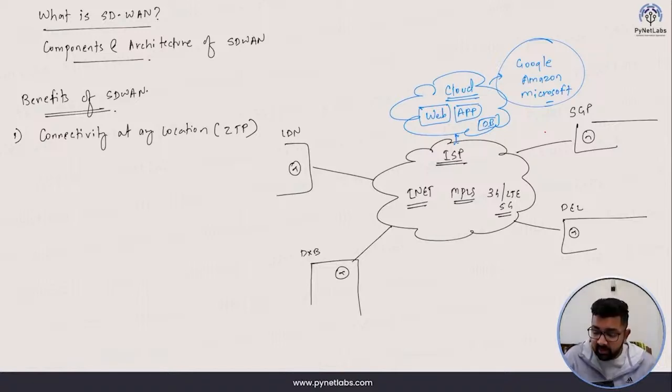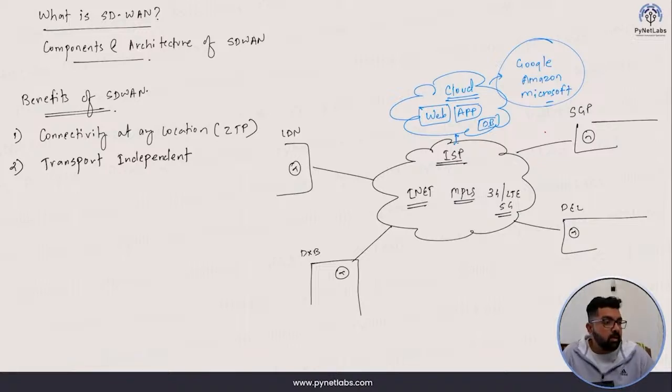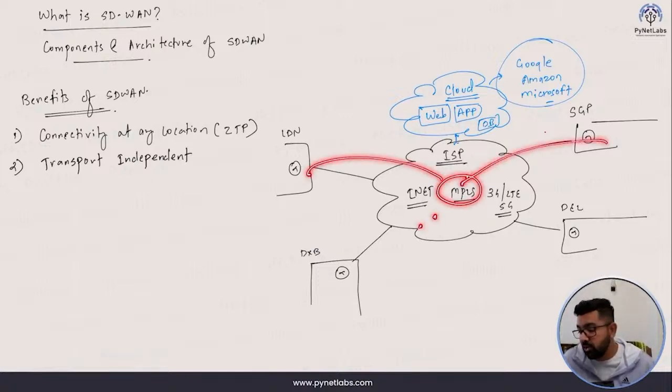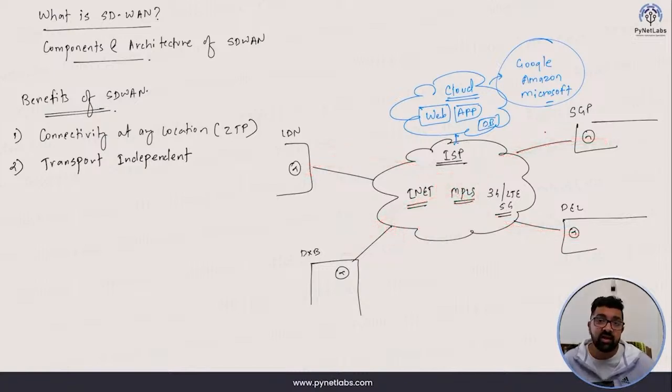Apart from that, it is also transport independent. Right? So when we say transport independent, it means that you are not required to rely only on premium transports like MPLS for ensuring security of your communication. It's not like all the sites only need to be connected to an MPLS underlay transport so that they can take the benefits of premium transports like MPLS.